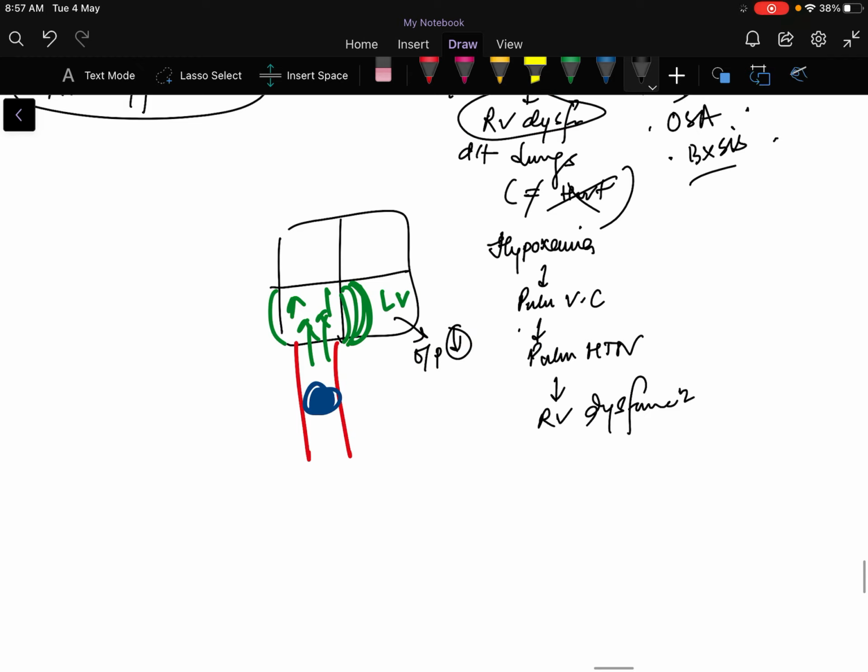So it can be accompanied with shock and reduced blood pressure, plus right ventricular dysfunction.